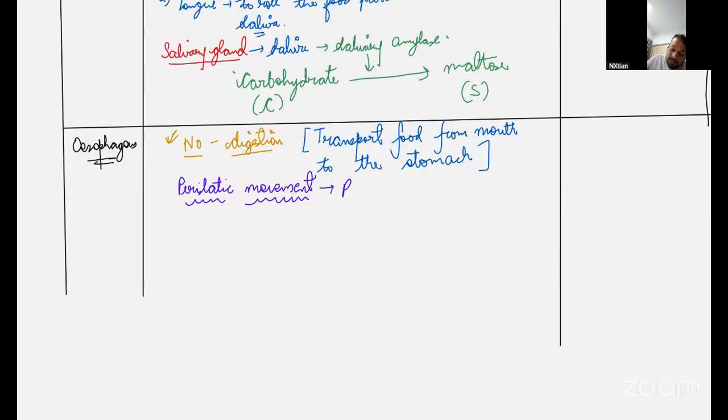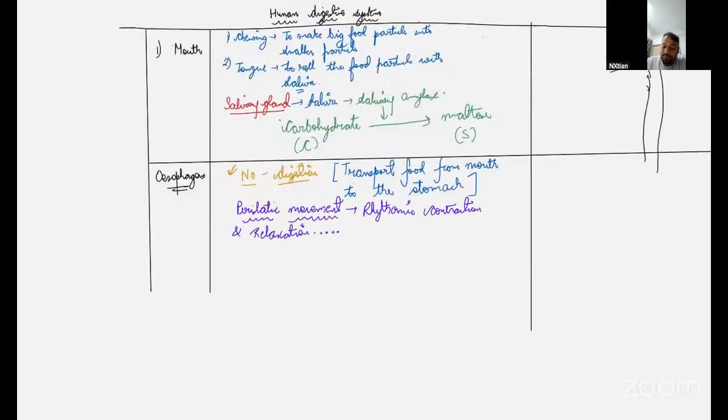It's a rhythmic contraction and relaxation so that food can go down. Are you getting this? So that food will not get stuck in the esophagus.